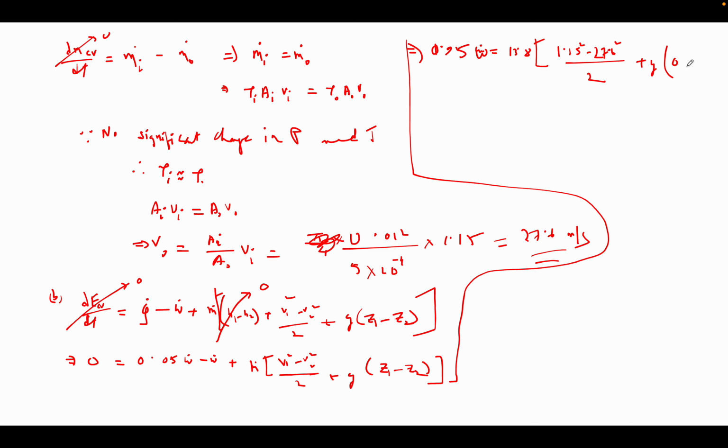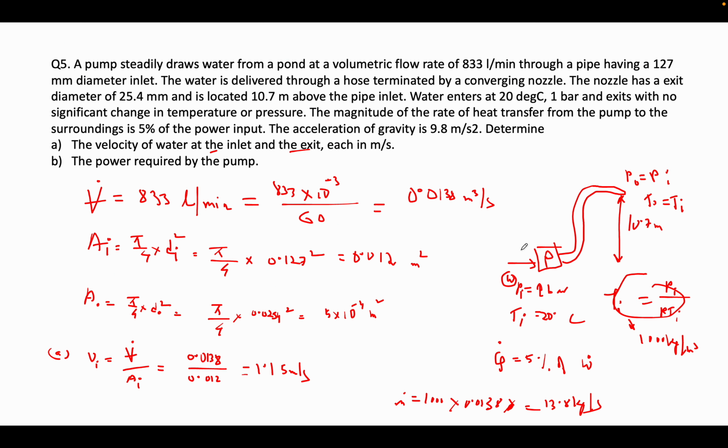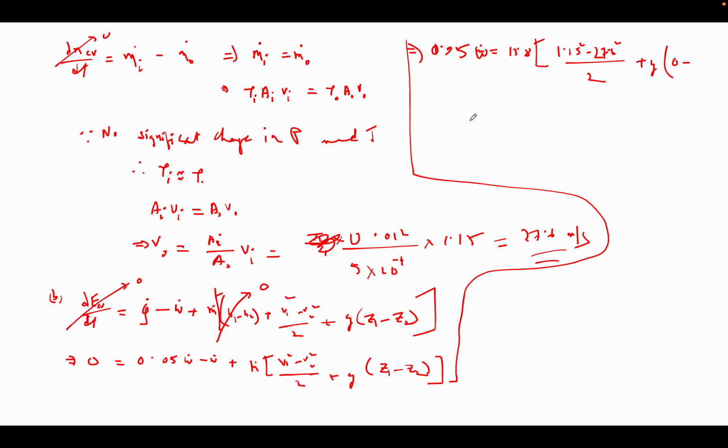Z1 is 0, I'm taking this as 0, and z2 is my 10.7. Put it all in, what you will get, W dot, obviously negative, 6.899 kilowatt.